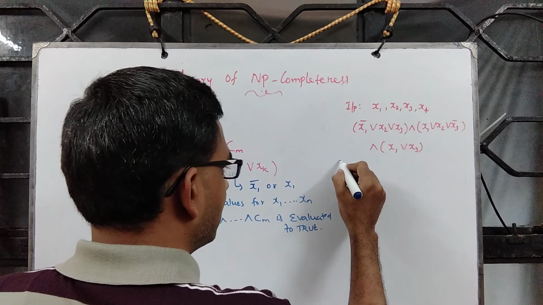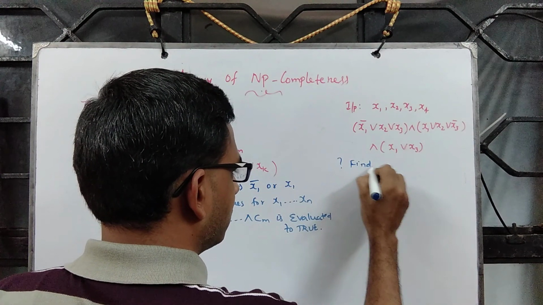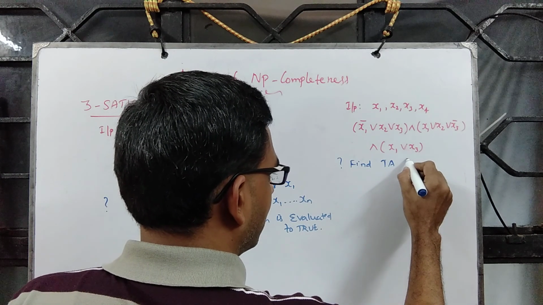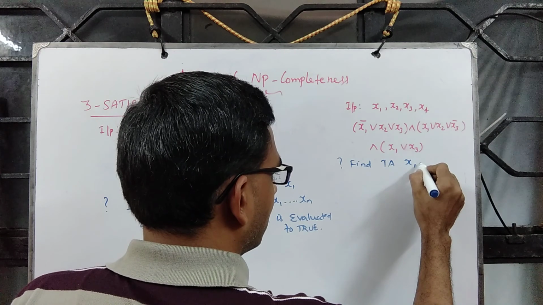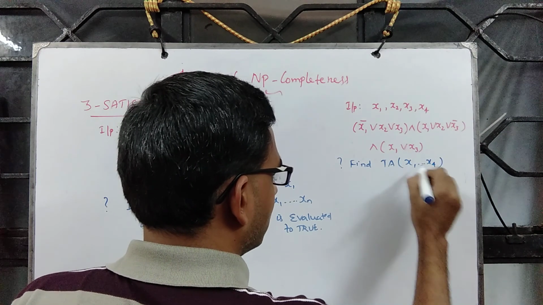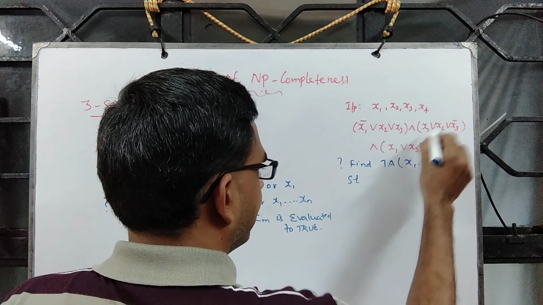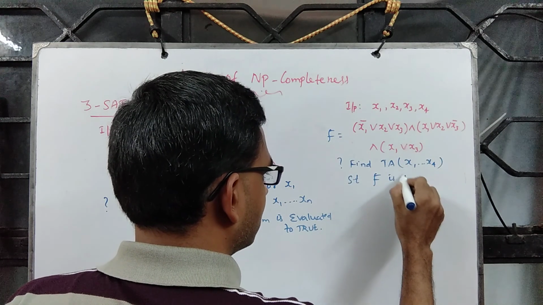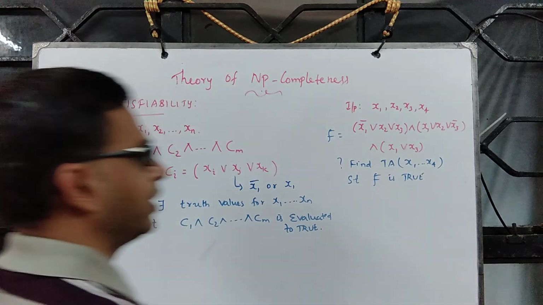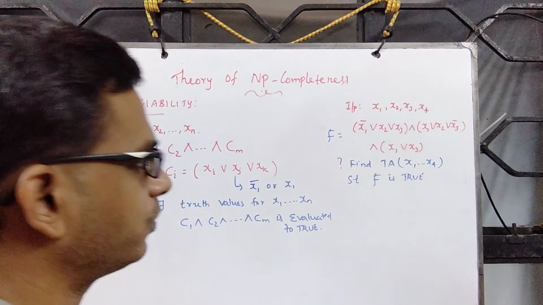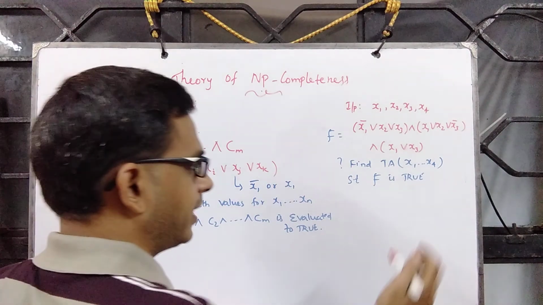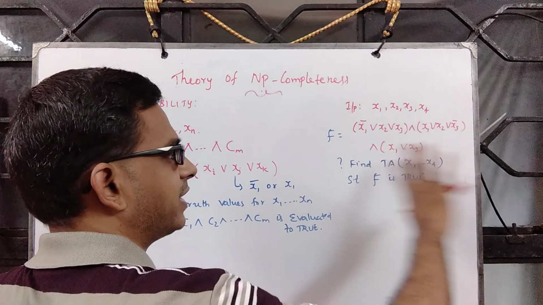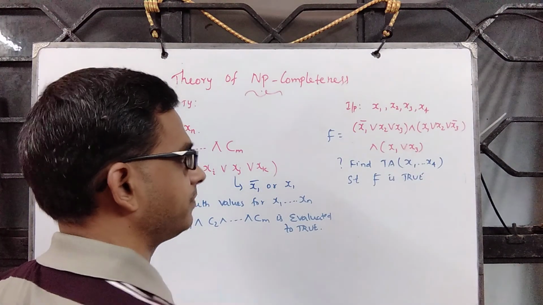Now the question is to find a truth assignment for x1 to x4 such that the formula f is true. And if there is no truth assignment, we say no truth assignment exists. Or rather, for any assignment of x1 to x4, the formula is evaluated to false.